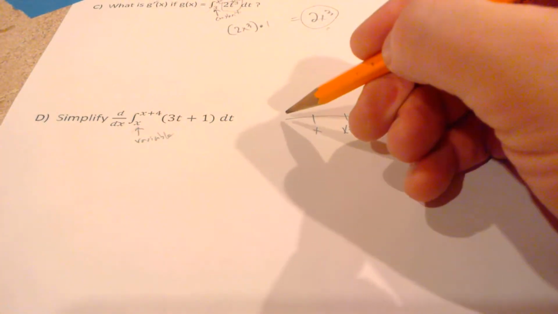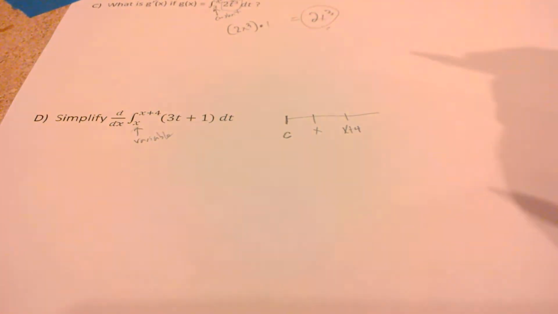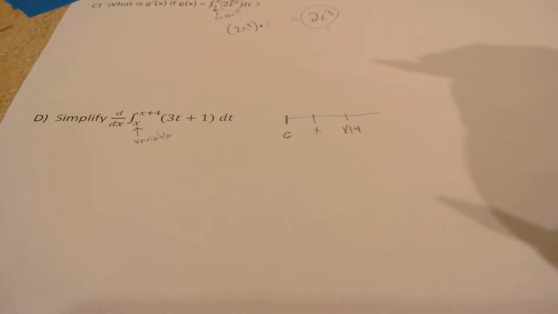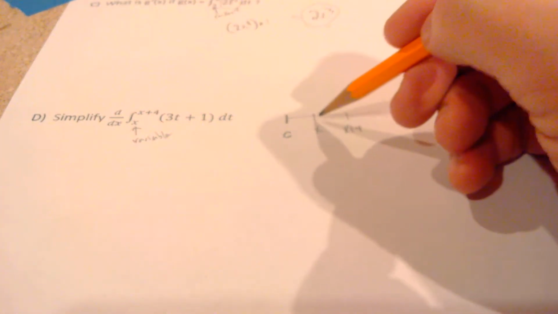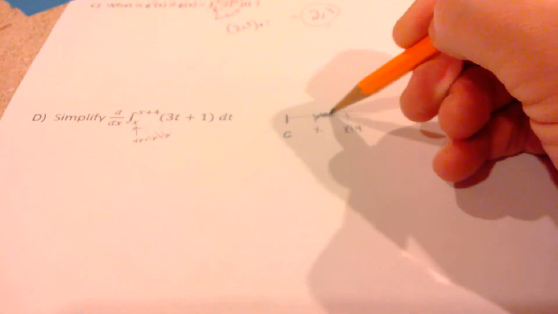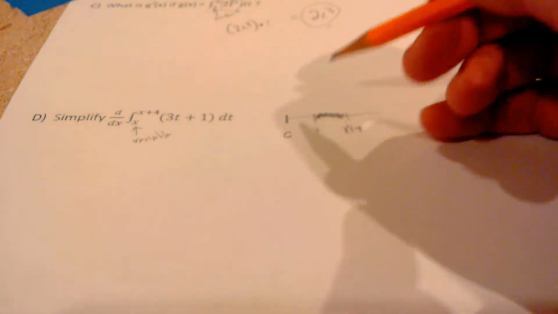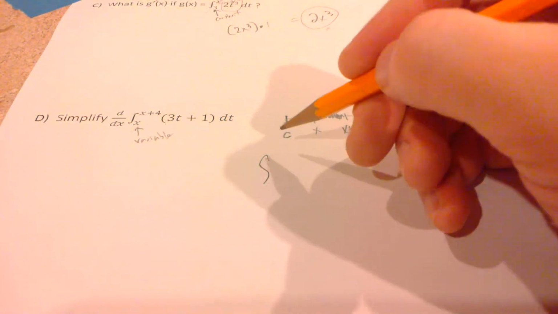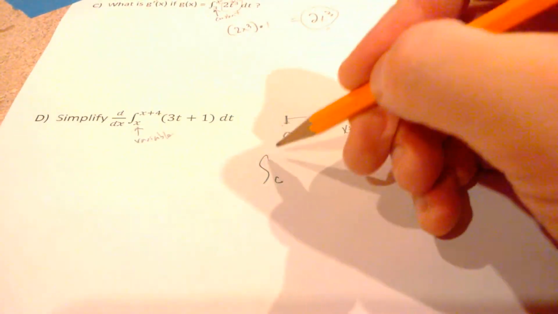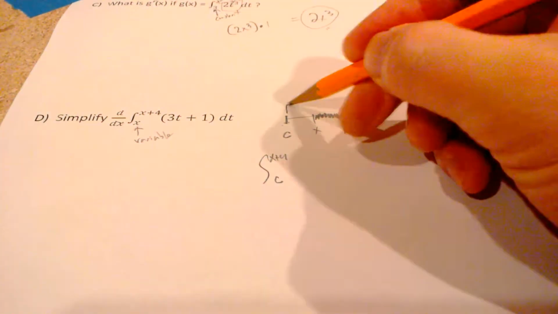What I'm going to do is put some constant c that's to the left of both of them. And what that allows me to do is, this is the gap, this is the interval I'm trying to cover. I'm going to define two integrals, both of them with a lower limit of c. So my first integral is going to go from c all the way to x plus 4.